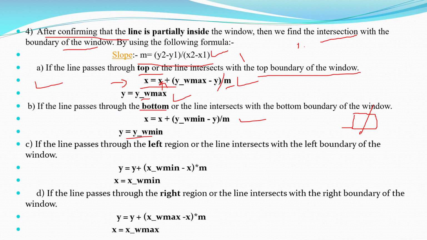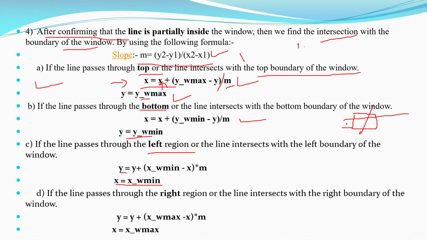And the third condition means the line passes through the left region, meaning the line is from this side, as in your example, point A. So how do we find the intersection point with the boundary of the window? x will be xw min, meaning the point is here, right?